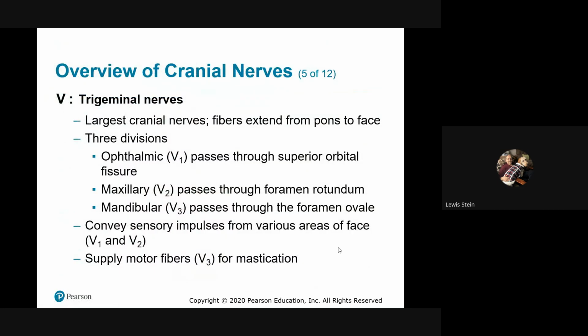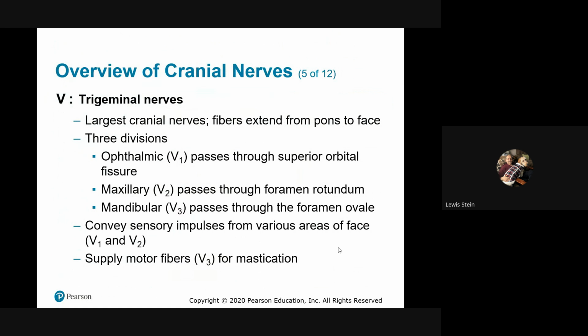This is actually three nerves rolled into one. It's called the trigeminal nerve, because the gemini are ganglia. And if you remember on the sheep's brain, that big massive tissue on either side of the pons that was thick, that came off when you removed the pituitary and the related soft tissue structures, those were the trigeminal ganglia.